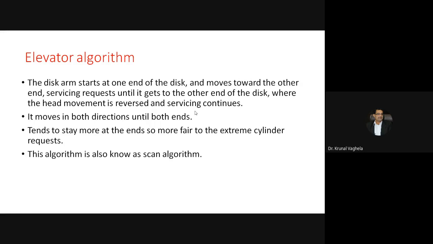Like a lift: it starts from the 0 floor, goes to the maximum floor, keeps taking the people up to the top floor, and again moves in the reverse direction and services the people. So top to bottom, bottom to top.